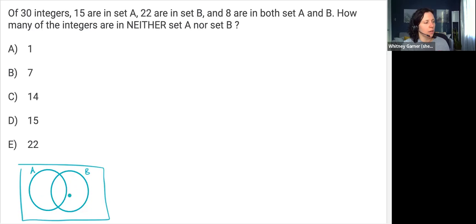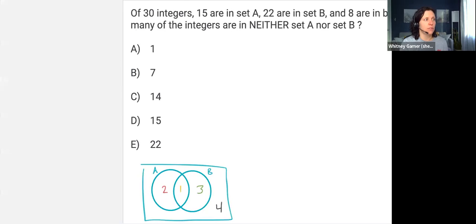This is only A, only B, and this is neither A nor B. I want to think of a way that I can more easily represent not just these four sections: I've got this both section, this only A section, this only B section, and then this neither of them section.